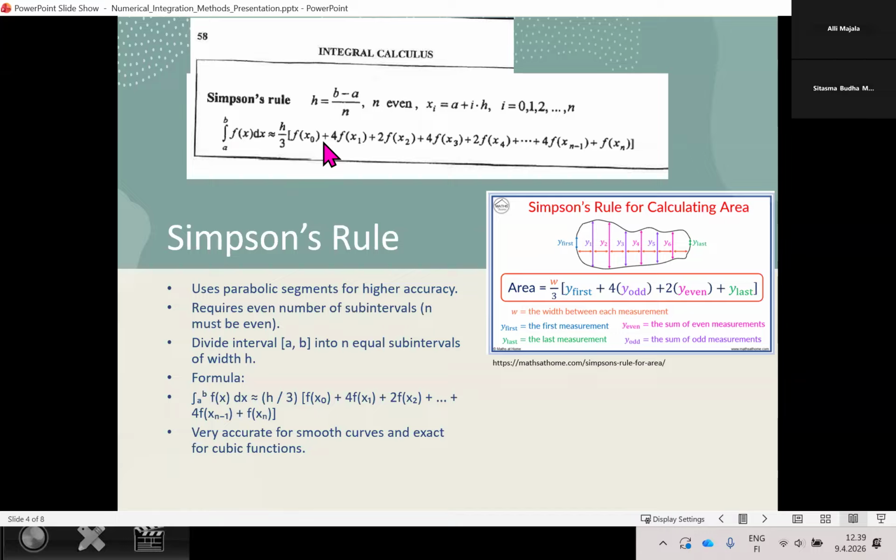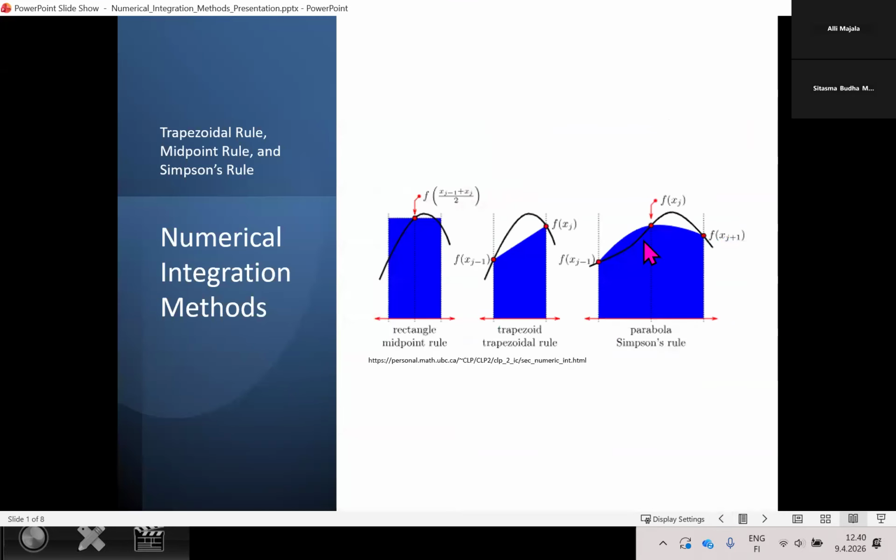So you have the first value, and then you multiply by 4 the odd ones and by 2 the even ones, and then you still add the last. It uses parabolic segments for higher accuracy. Most probably you get higher accuracy when you have something a bit curved here.